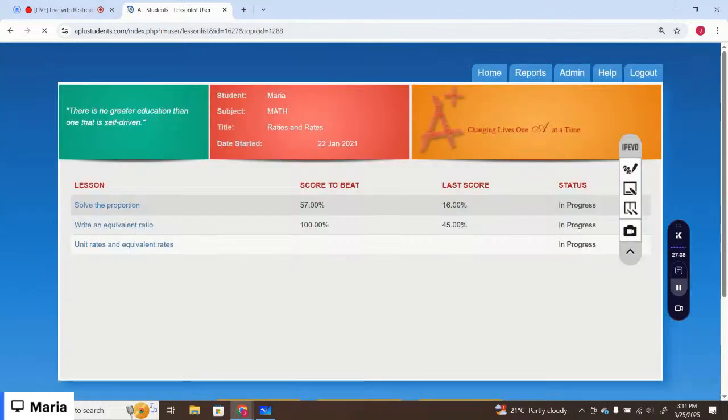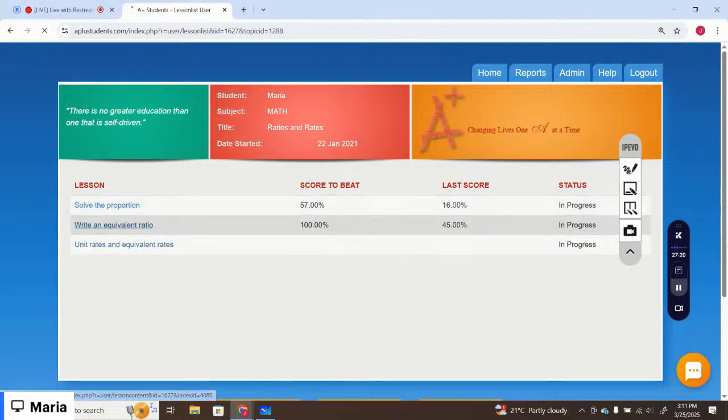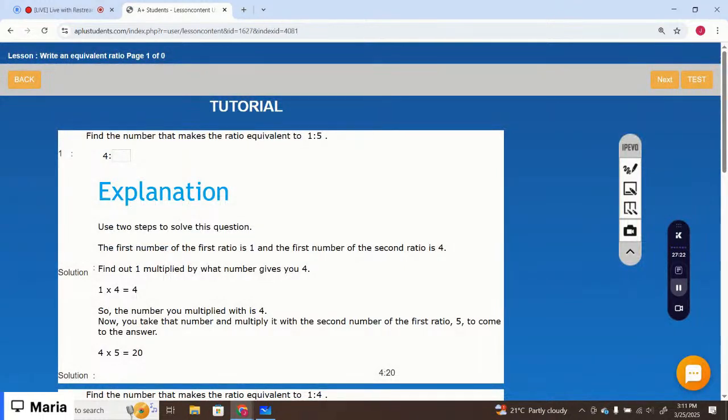Let me just move on to the next lesson. The next lesson is write an equivalent ratio.